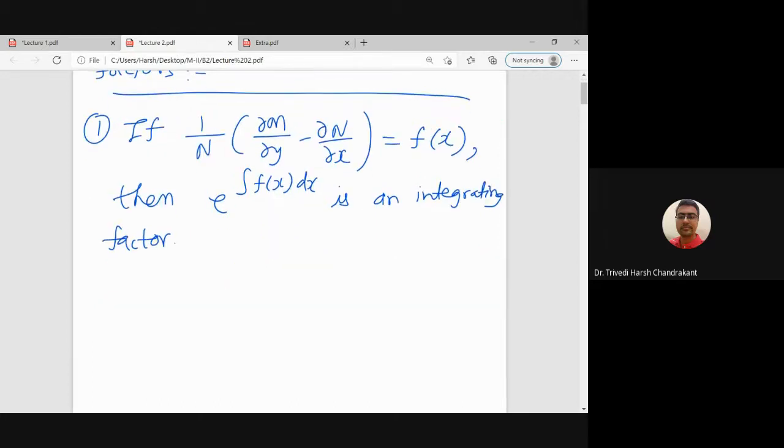So this is the first method. If this is not a function of x, that means method 1 we cannot apply.